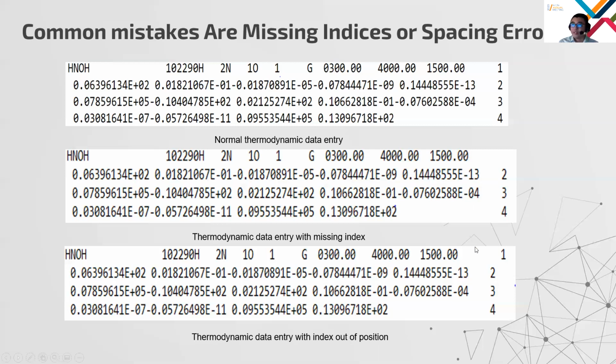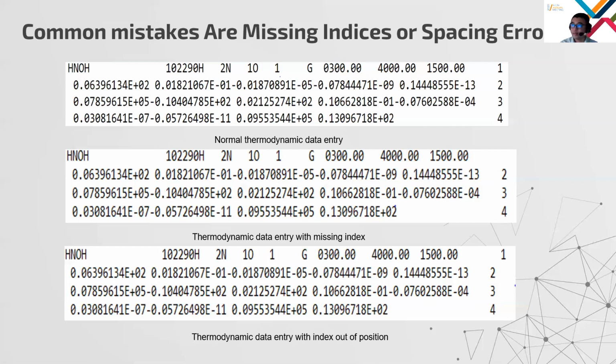If these errors happen, Cantera will stop converting, and Chemcheck will make suggestions about how to fix them. For the second data entry, it will suggest the user put the index number at the end of the line, and for the third data entry, it will suggest the user put the index back in position.